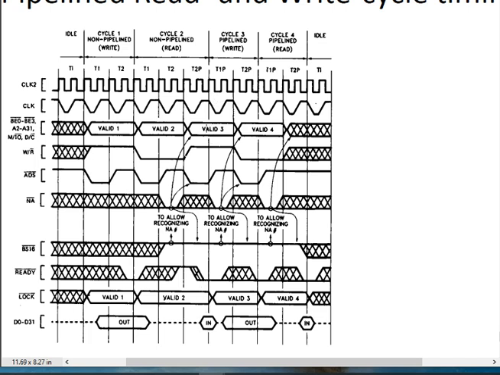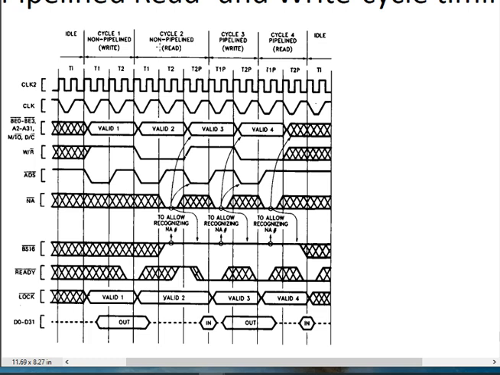So here the valid address is put on the address bus, and if you come down, this is put at the T2 pulse. At the T1 pulse of the next state, we have the out operation, the data for the out operation. Out operation means write operation.